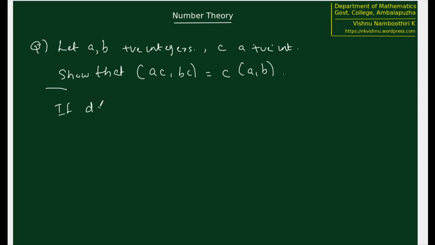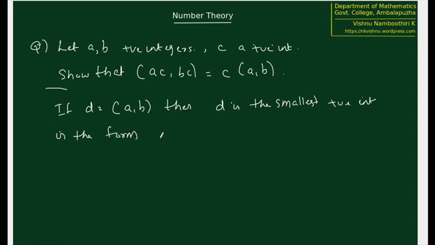If d is equal to the GCD of a and b, then d is the smallest positive integer in the form am plus bn, where m and n are integers. So the GCD of a and b is nothing but the smallest positive linear combination of a and b. This is the most important thing that we are going to make use of.